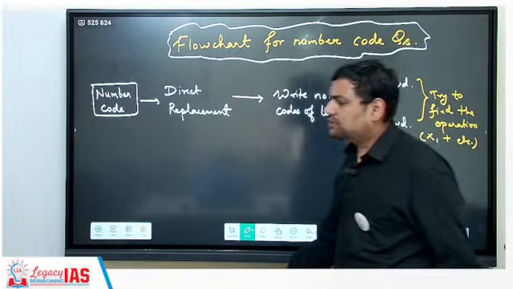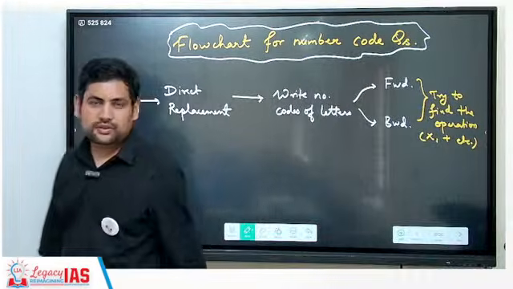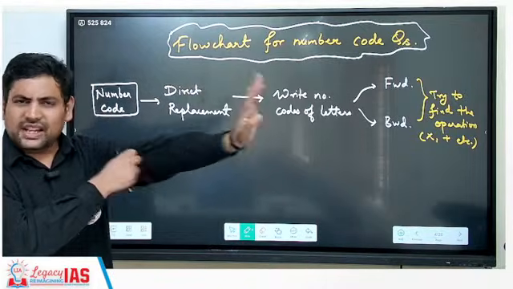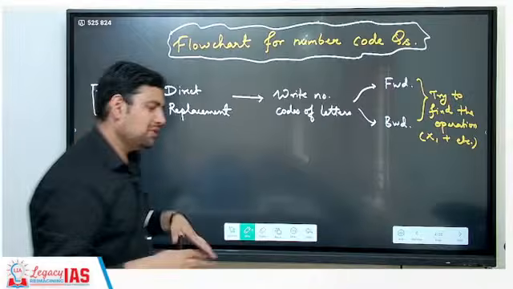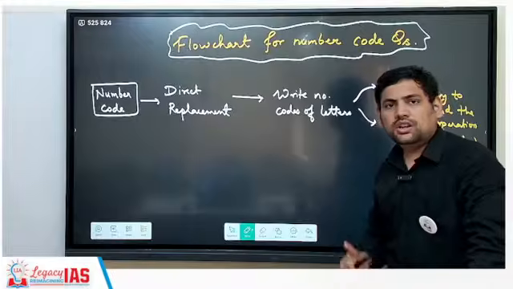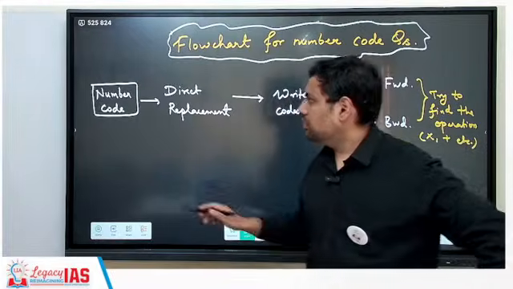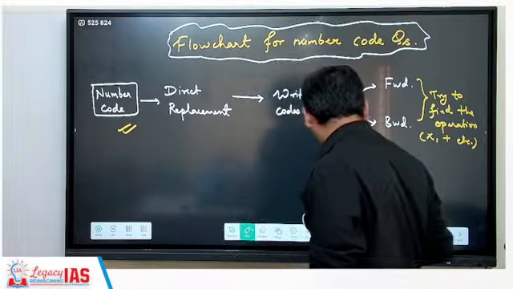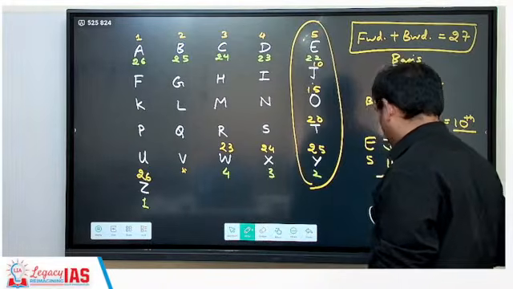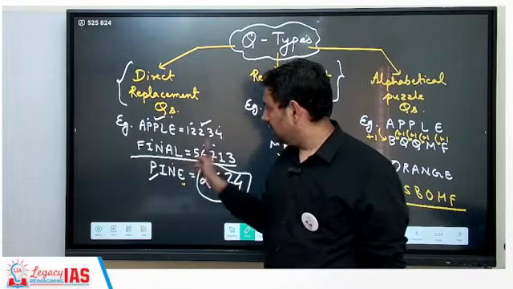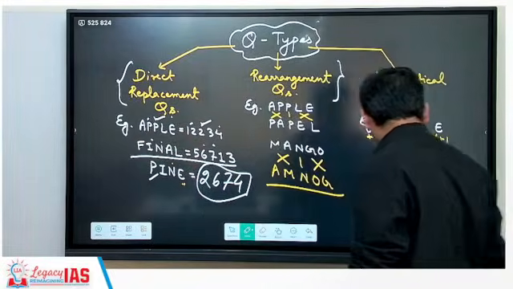Okay. Then, now we come to the flowcharts. This is the flowchart for number codes. Whenever a number code is given to you, this is what you need to follow. Very simply follow this. Most questions you will be able to do just by following this. First, whenever you see a number code in the question, for example, the first question that we saw here, Apple is written as this, Final is written as this.